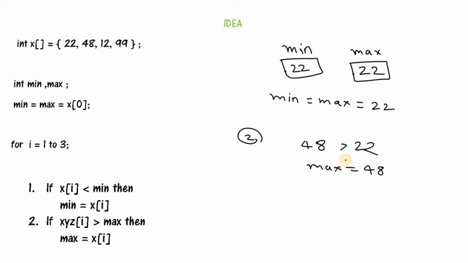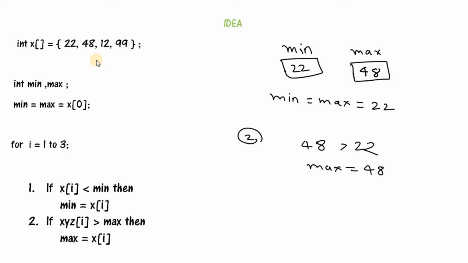We can see here that 48 is greater than 22. Therefore, the new max value is 48. So, we can replace this 22 by 48 in this max variable.